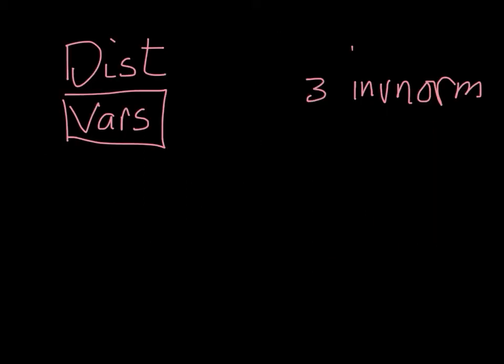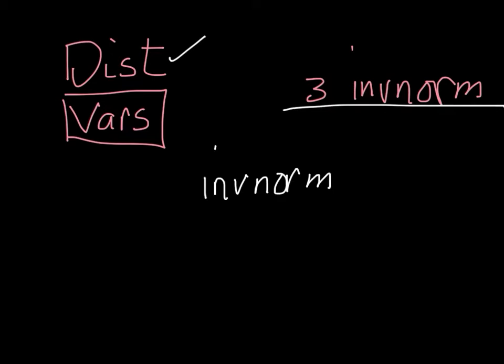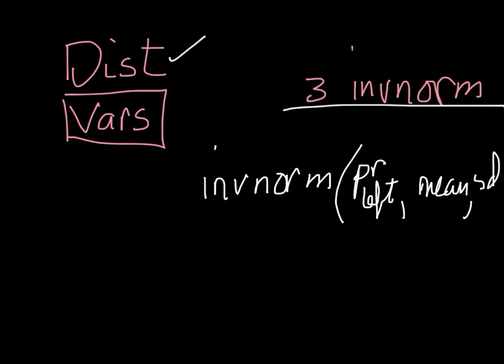The calculator statement is called the inverse normal. It is number 3 in the distribution window above VARS. The syntax of this statement is probability to the left, mean, and standard deviation.